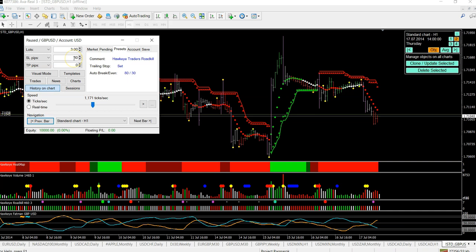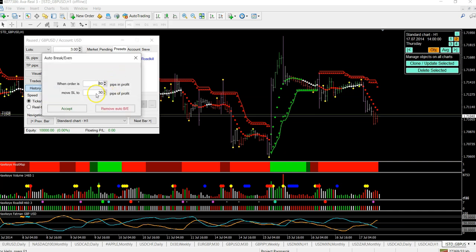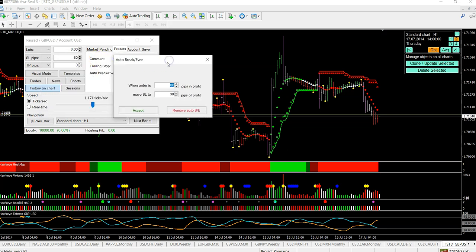Because we're working on the 1 hour chart, I'm going to go down to 60 pips on the stop loss. If it's 60 pips, what will be our take profit? 100 pips.